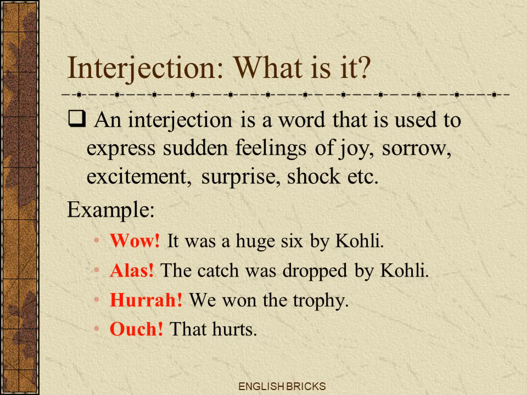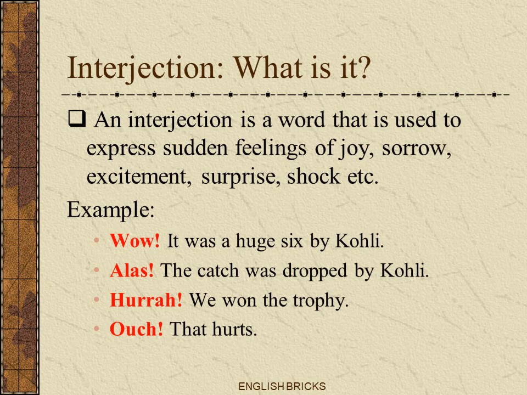So for example here, you were watching these IPL matches, of course we don't have them now, but you were watching these IPL matches and Kohli has hit a huge six all of a sudden, and you would say, wow, what a huge six by Kohli! So the word wow is an interjection because it's a word that shows sudden feelings of joy.